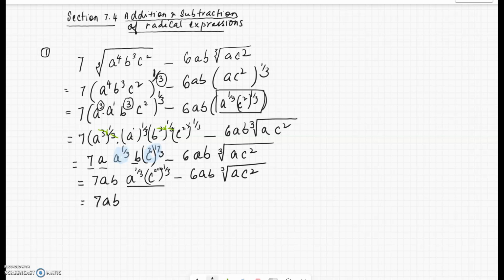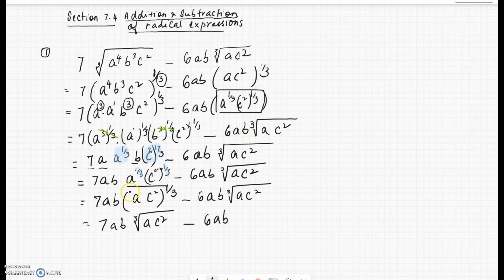So 7AB, both these terms have 1/3 as an exponent, so that's a 1/3, that's a 1/3. So I'm going to combine these terms and write it as AC squared whole to the 1/3 minus 6AB cube root of AC squared, and now we have 7AB cube root of AC squared minus 6AB cube root of AC squared.